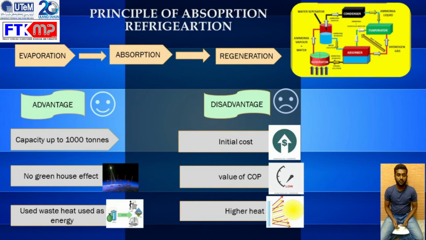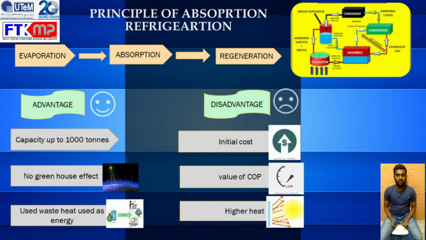The last part I want to explain about the absorption refrigeration system is the advantages and disadvantages. The first advantage of the system is the capacity of up to 1000 tons. This system can be used for big systems compared to other systems.